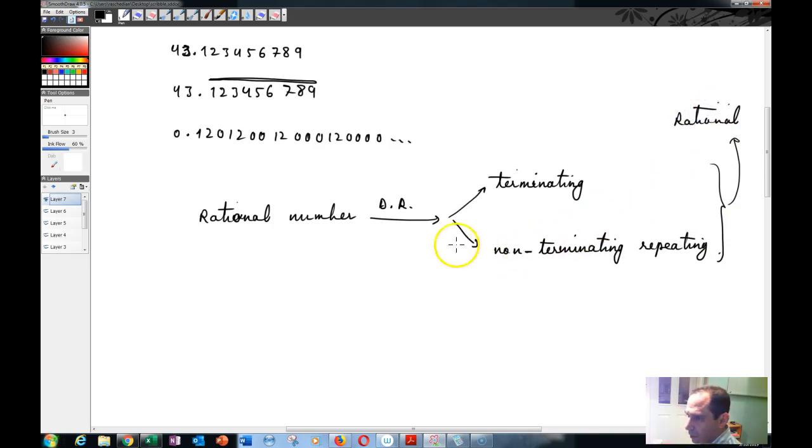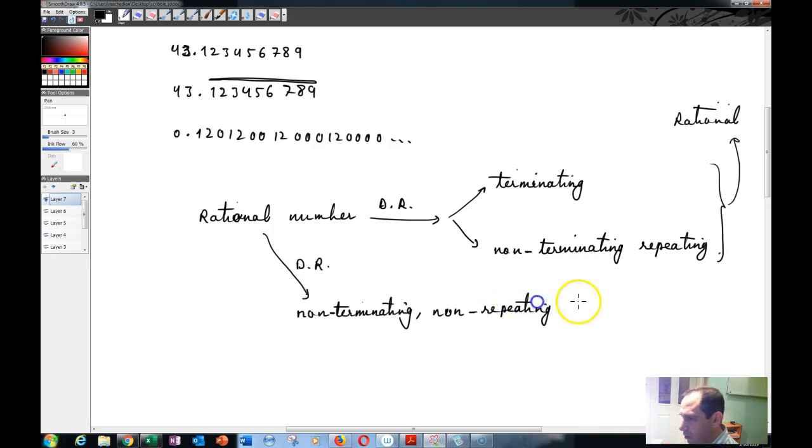If the decimal representation of a number is non-terminating and non-repeating, then this is an irrational number.